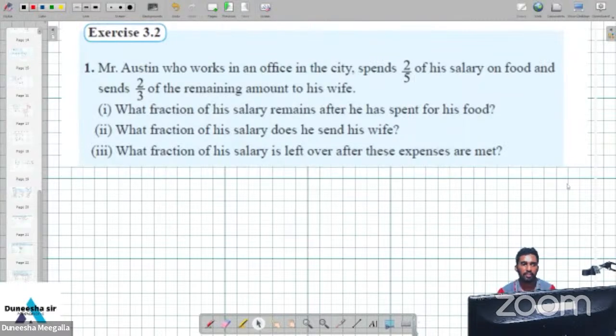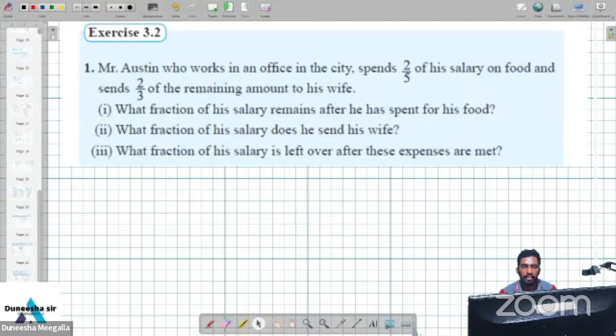Okay. What is this question? Mr. Austin, who works in an office in the city, spends 2/5 of his salary on food and sends 2/3 of the remaining amount to his wife.